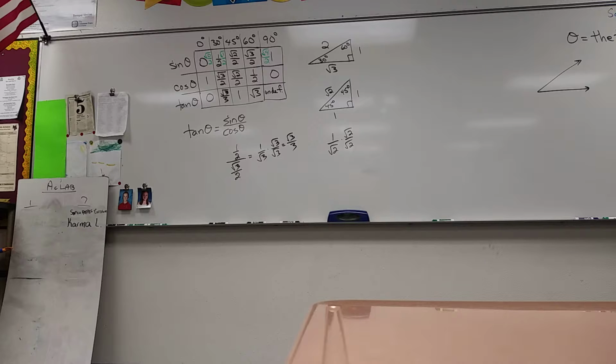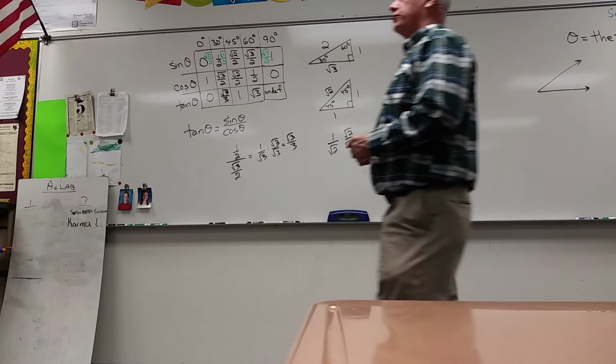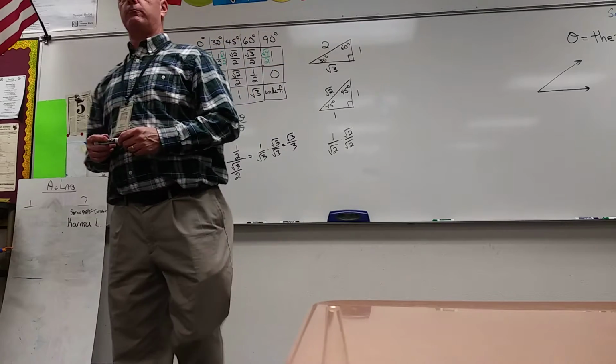Would you consider that an angle? Yeah, I would too. So what are we going with? Rays is a good one. Okay. To me, the definition of an angle is 2 rays with a common endpoint.